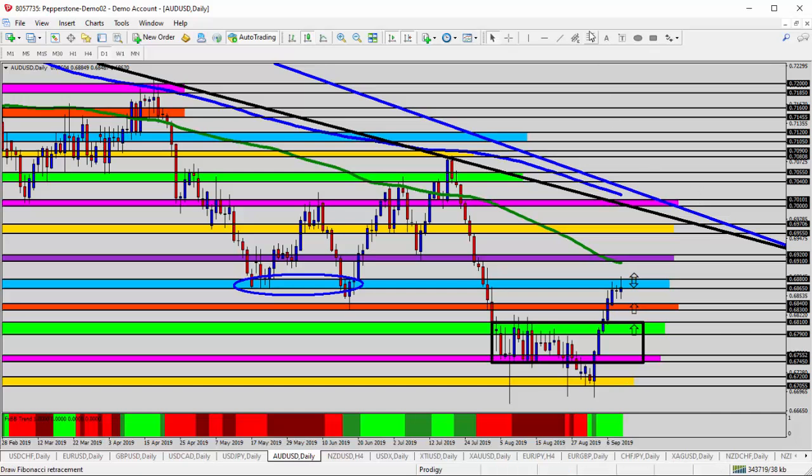Let's take Fibonacci from the last high right here, the top of that red bearish run, to the lowest low on the chart. Interesting there. Taking Fib from that high to this low puts the 50% retracement level right at 68.79, basically the top of that blue shaded area.